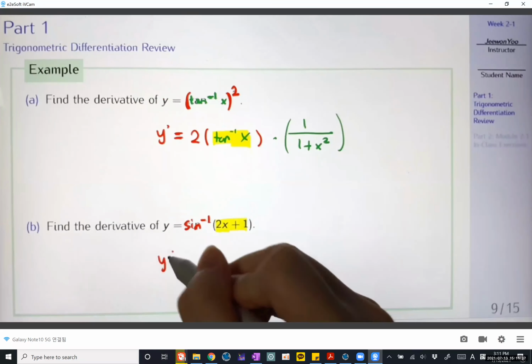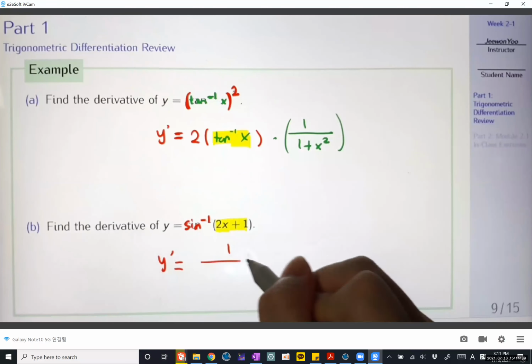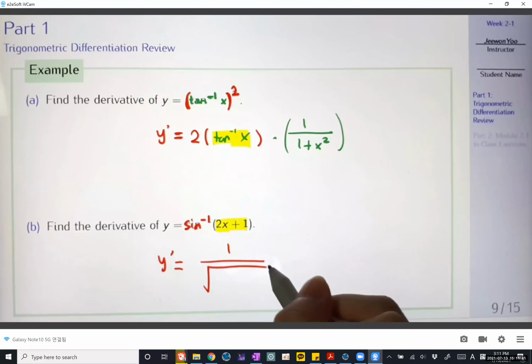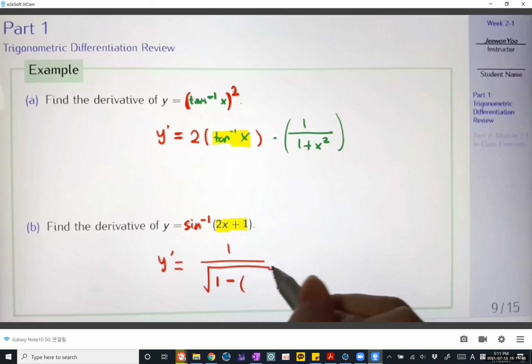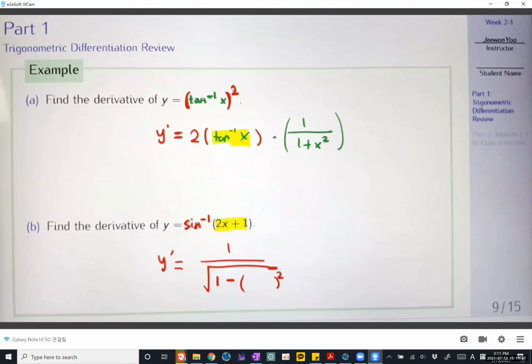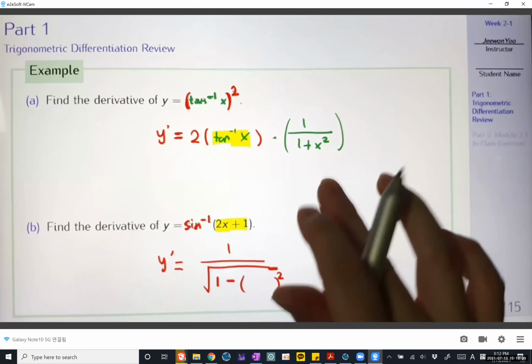It looks like y prime is equal to 1 over root 1 minus, what goes inside the bracket, everyone? Good job, James. The inside, which is 2x plus 1.